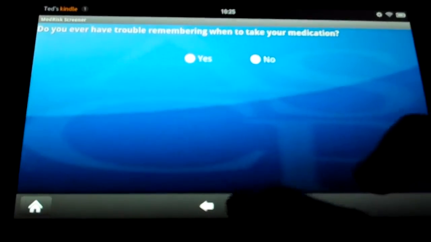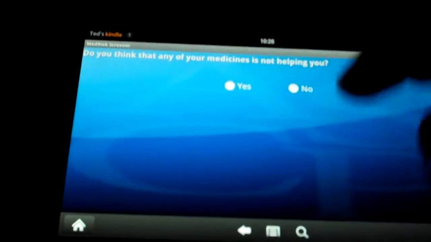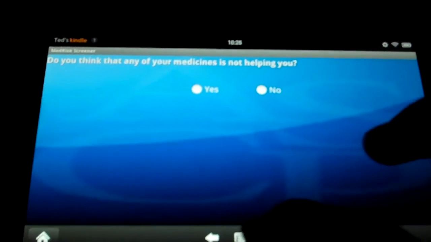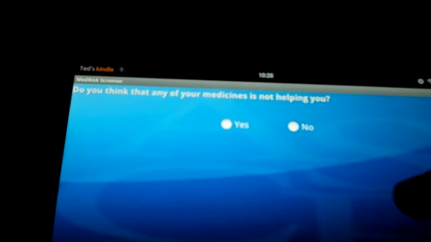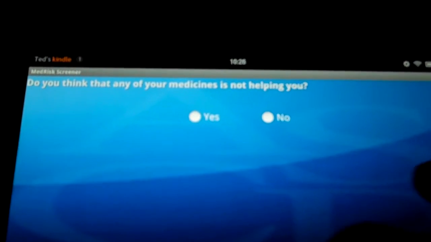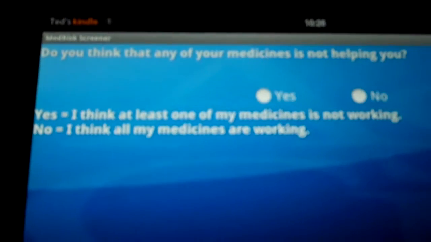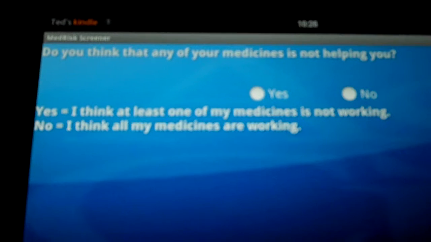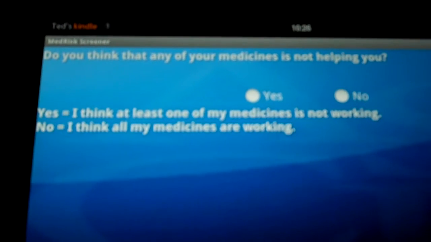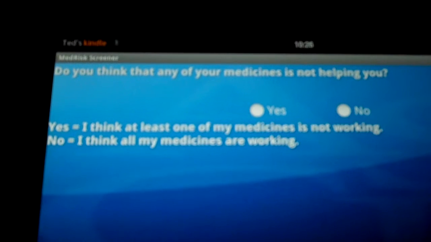When I hit the menu, if there's no help, just nothing happens. So we'll move on. I think this is the next one that has some help. Do you think any of your medicines is not helping you? And when I hit help there, it clarifies to say yes means that I think at least one of my medicines is not working, and no means I think all my medicines are working.